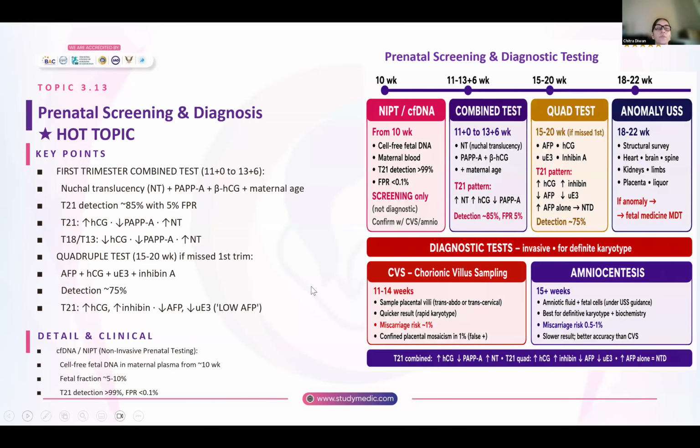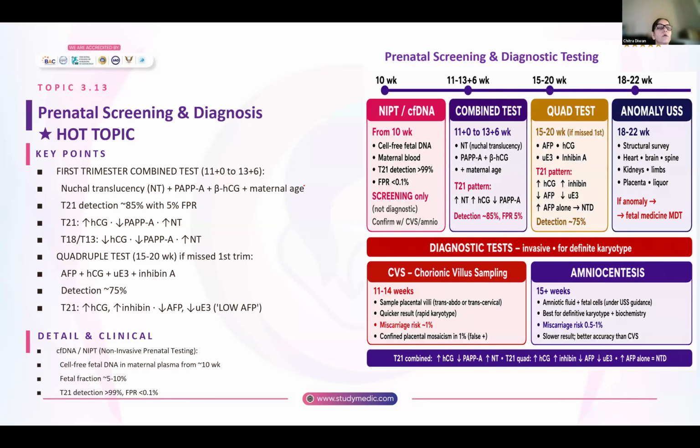In addition to nuchal translucency, the levels of PAPP-A and beta HCG are measured, and also the maternal age is seen, because as maternal age advances, the risk of Down syndrome increases. There are cutoffs available depending on the maternal age, and according to that, you can predict whether this pregnancy is at a high risk or a low risk for Down syndrome. Okay.